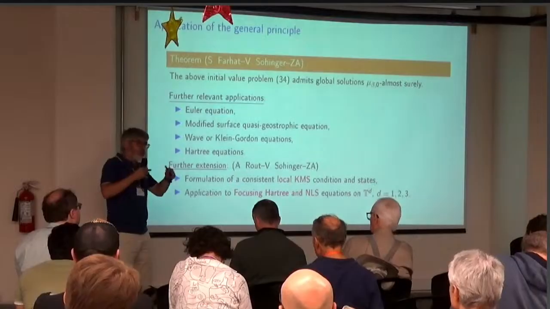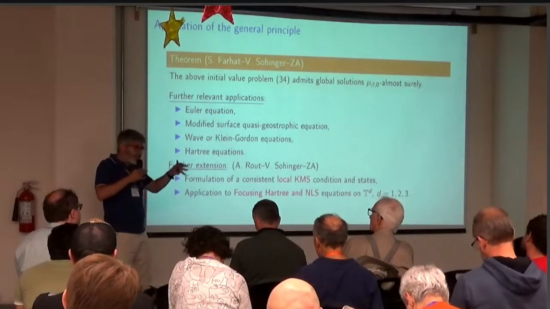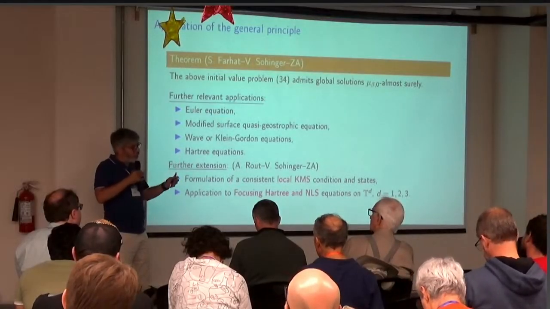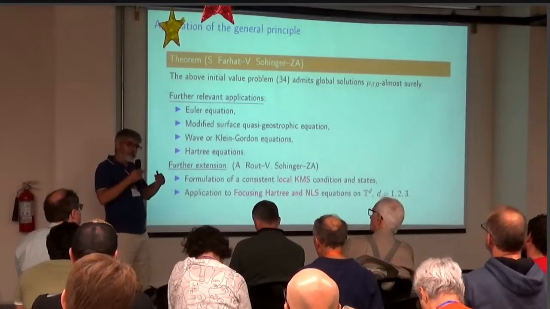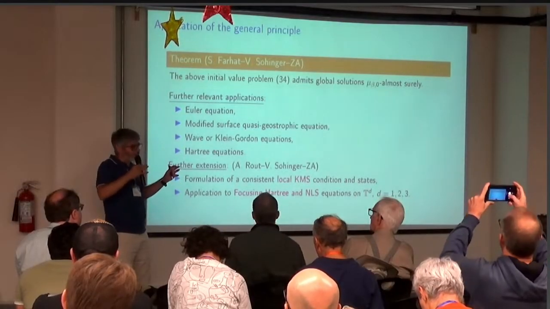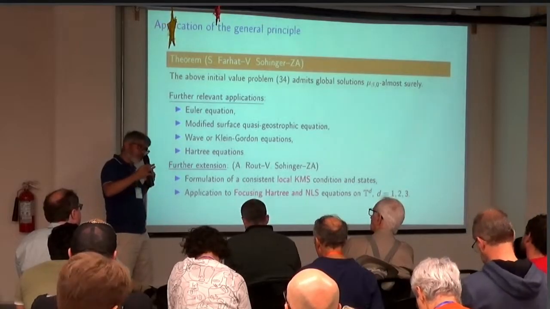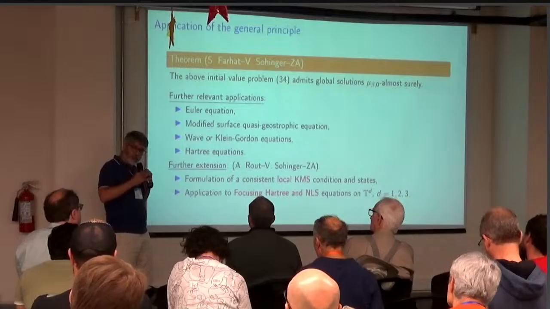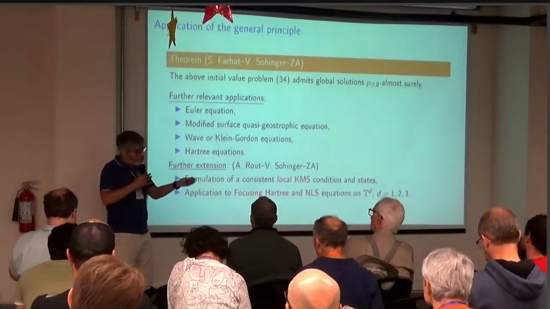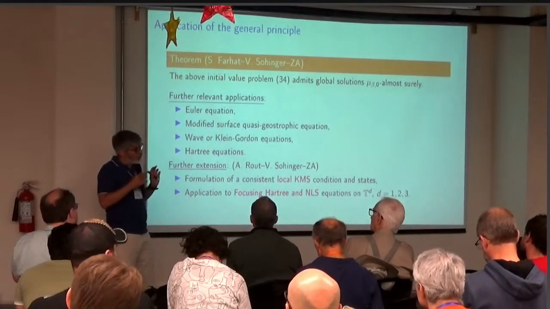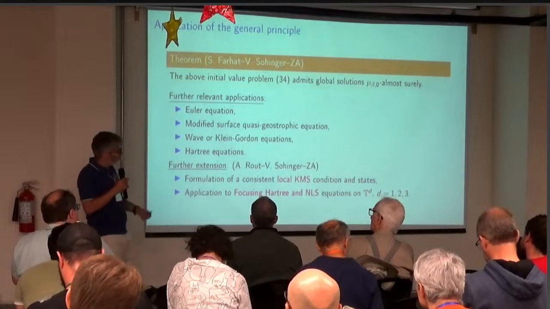However, if you define it on a shell of the mass, L2, then you are able to define a sort of Gibbs measures. This is enough to build, again, a global solution. Whenever you are able to define a global solution for the Gibbs measure, you are able to get global solutions for the initial value as well.